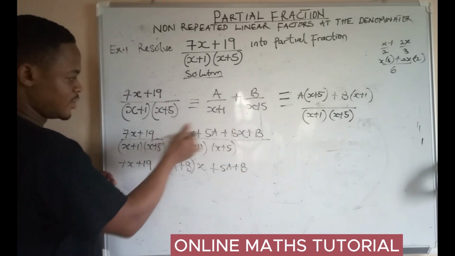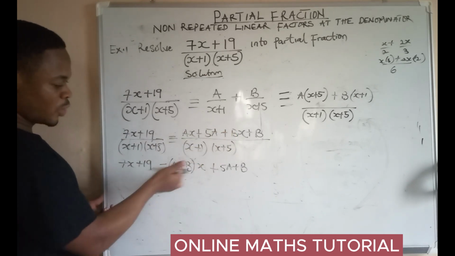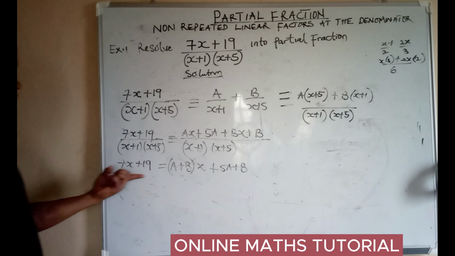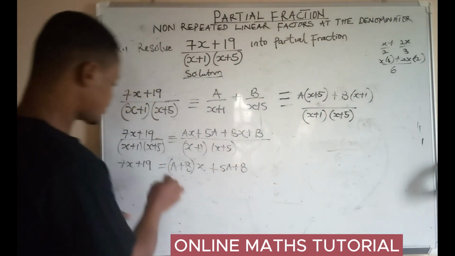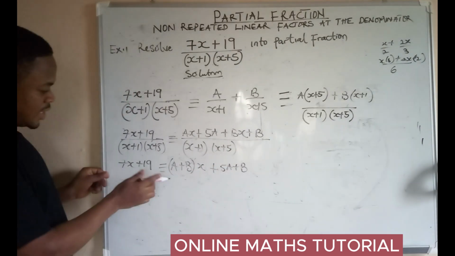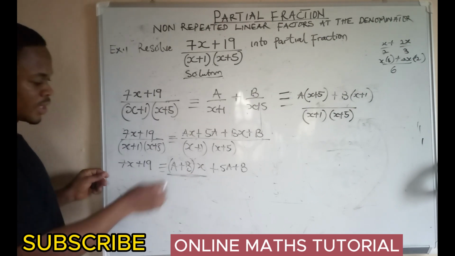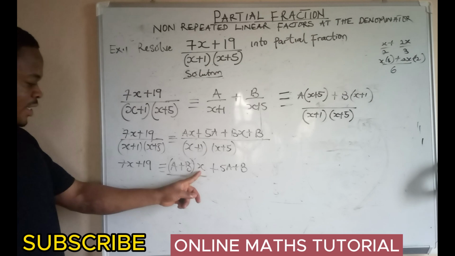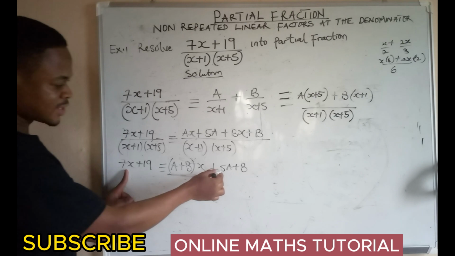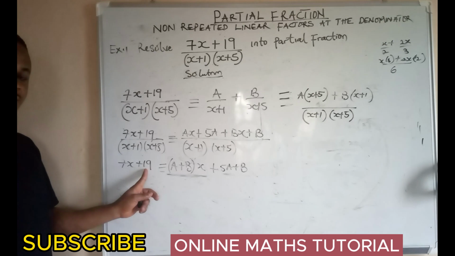We collected like terms. The like term there is x. That's why we have it here. So we can equally open this bracket, to have ax plus bx. Since this is equivalent to this, this one with the variable x is equivalent to 7x, and the other side, which is the constant part, is equivalent to 19.